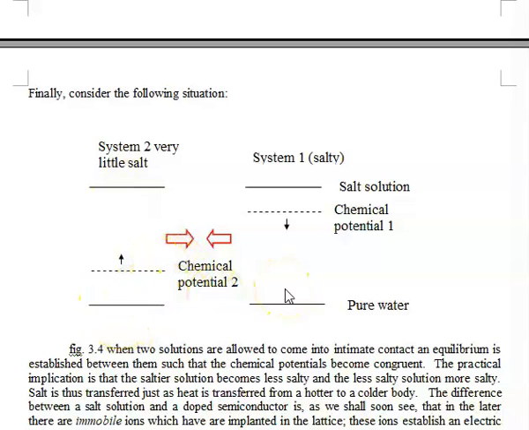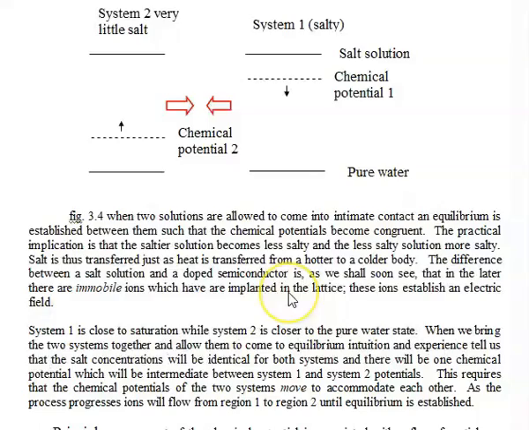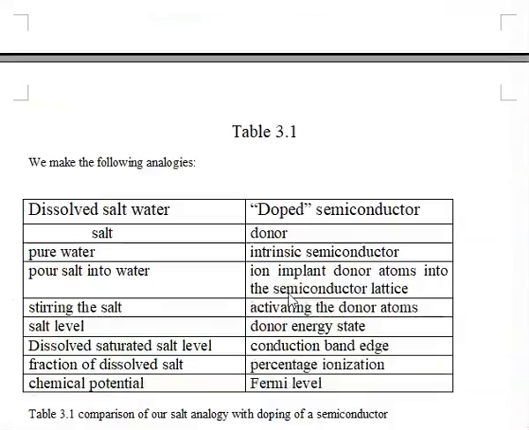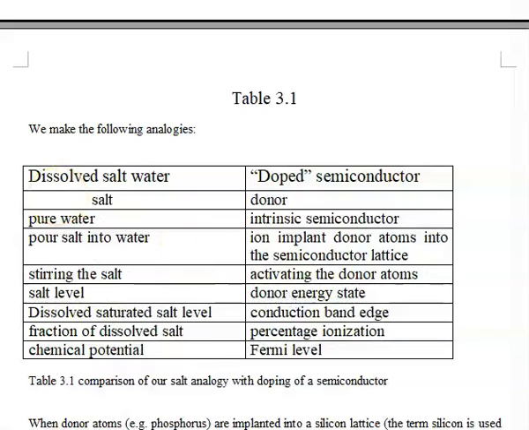Well, when you put salt water into pure water, the pure water becomes salty, and the salt water becomes less salty. And that's exactly what happens when we put two semiconductor materials together. And here is a table which illustrates the similarities between dissolving salt in water and doping electrons with donor atoms.